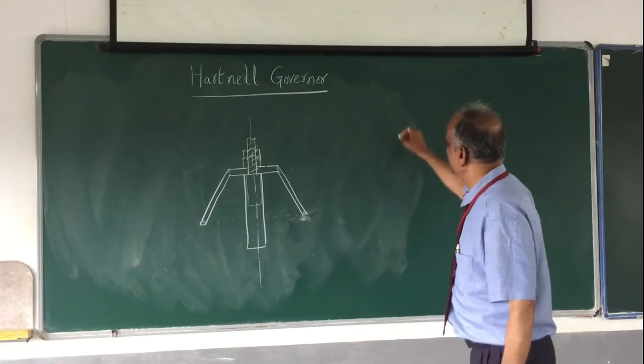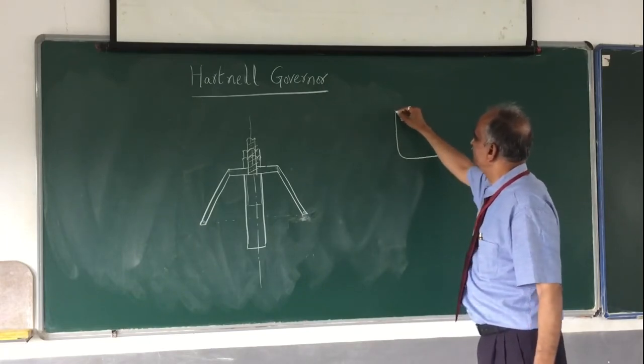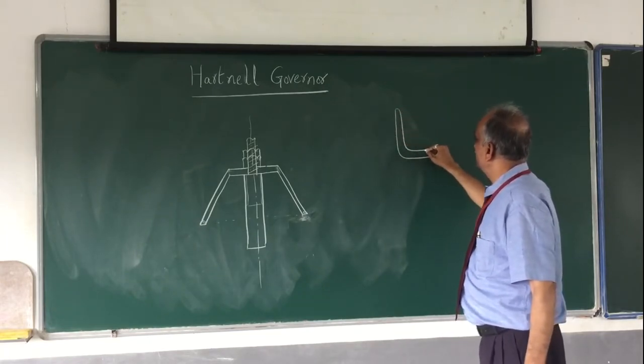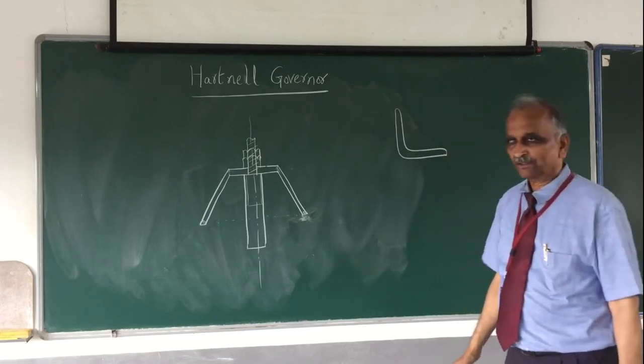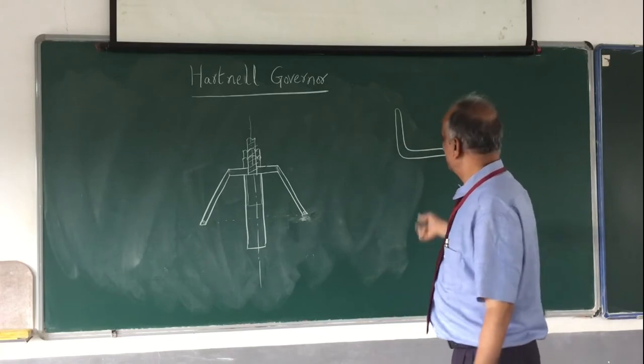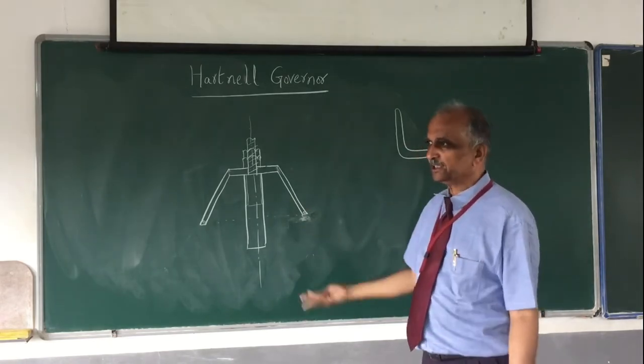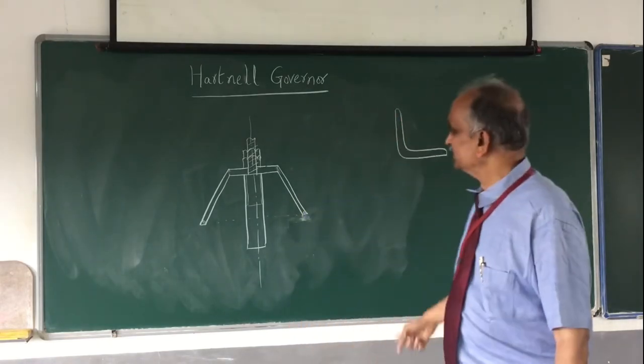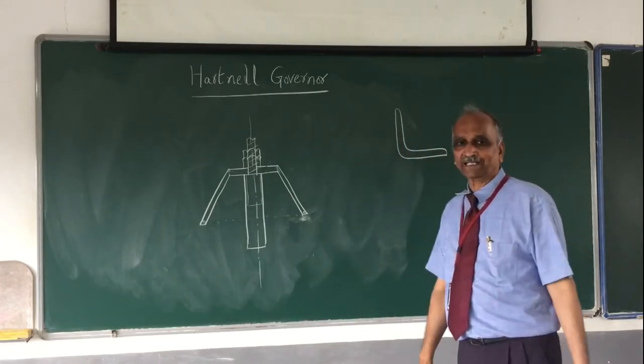It is something like this, a single piece. The angle between this arm and this arm right now is 90 degrees, and it may be different also. So this is what is called a bell crank lever.